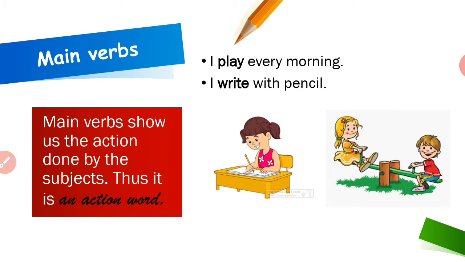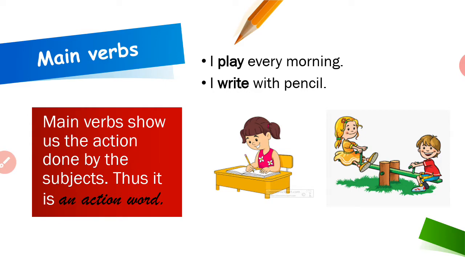Main verb. Now, the main verb shows us the action done by the subject. Subject is the noun. Thus it is an action word. It is purely an action word. You can see sentence number 1: I play every morning. So play is an action word, main verb.